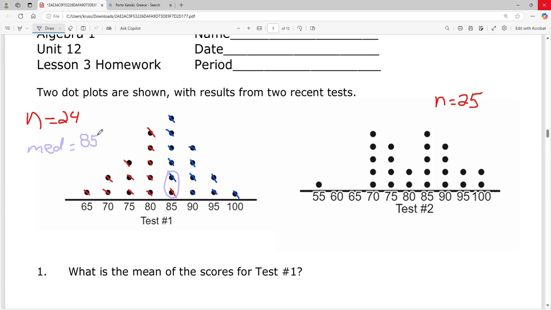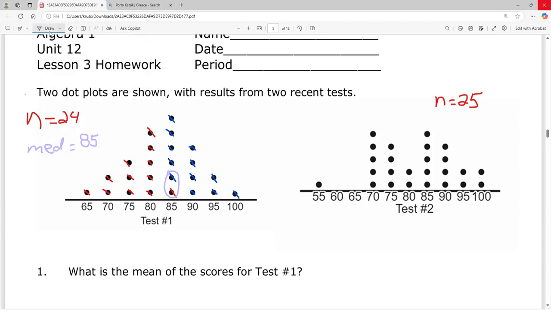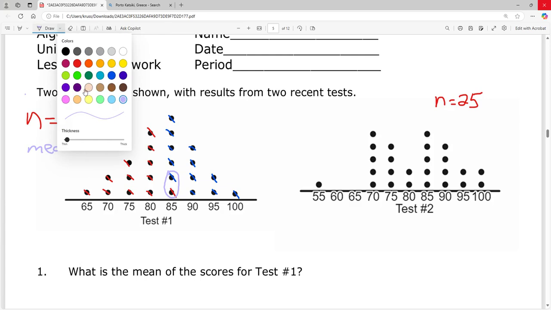Okay? So now we have to figure out the mean. The mean is going to be a little bit more arithmetically challenging because we have to multiply stuff a bunch, right? So to find the mean, which is the average, we are going to count all of these up by multiplying.